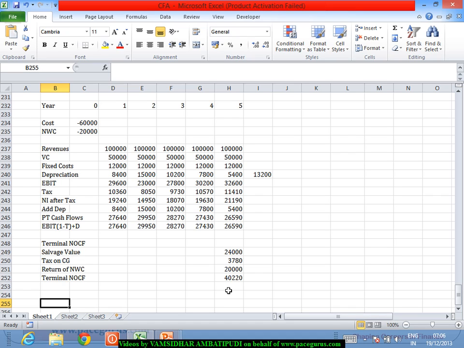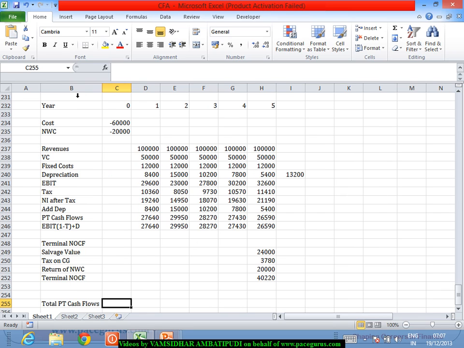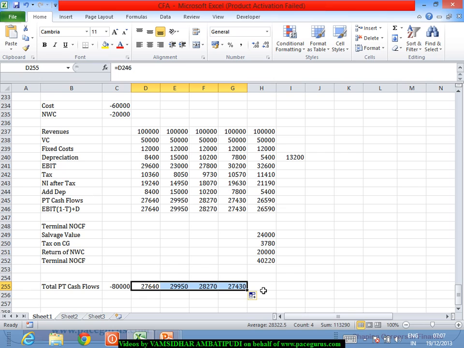So finally, when I look at the total post-tax cash flows for the entire project, in the 0th year I have invested 80,000 bucks, whereas in each of the 4 years I've got around 27,000, 29, 27 and so on.